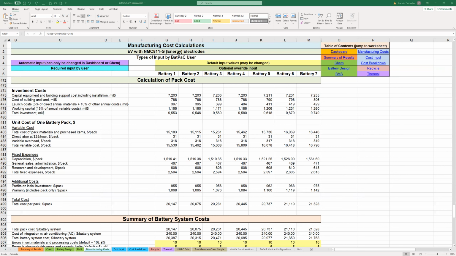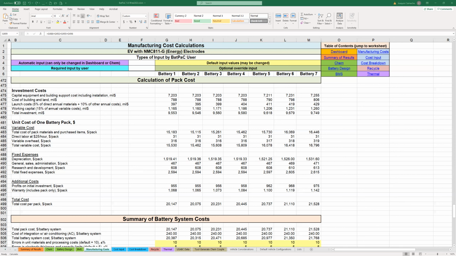Or you can say I want to charge 30,000 for my battery to make some profit. And if the selling price is less than your cost, your break-even point is infinity. You'll never break even. You'll always lose money. So if you want to break even, you have to have some profit.